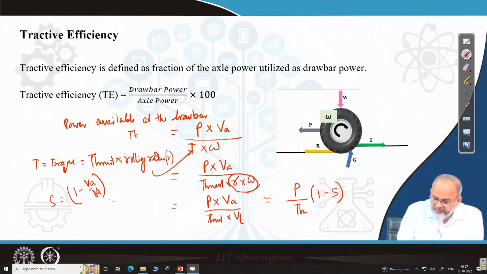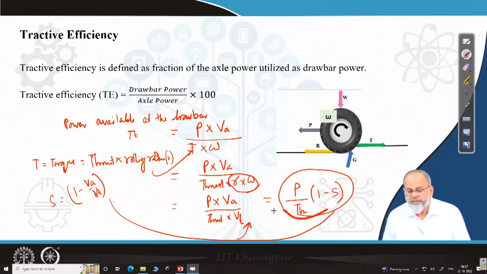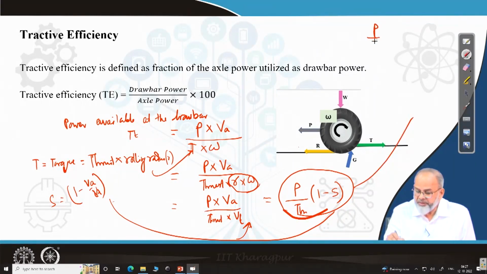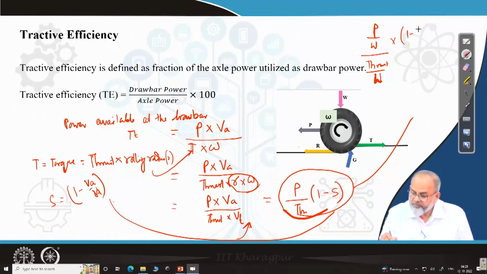Substituting in this equation gives P by thrust, or P by W into 1 minus S. Further, to express in terms of coefficient of traction or coefficient of gross traction, I simply divide P by W with thrust by W. This W is the dynamic weight in case of a tractor. In case of a single wheel, it is the same weight, into 1 minus S.